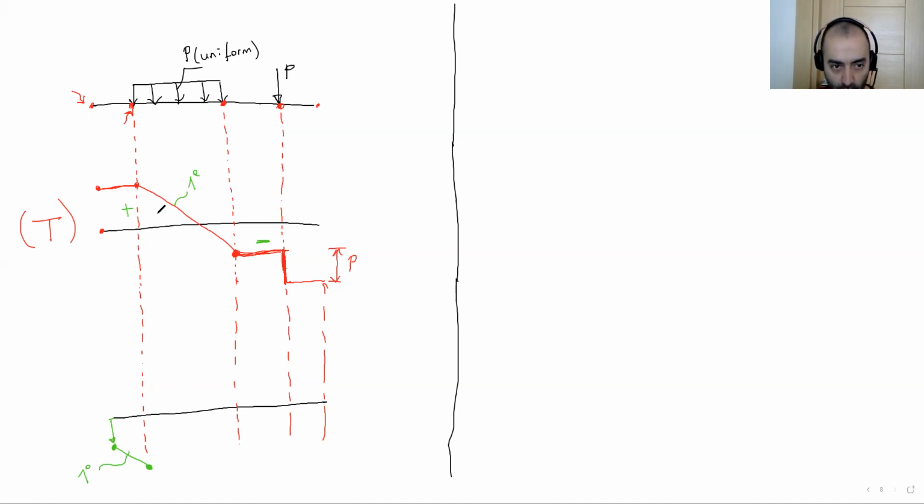So for the positive part, I'm gonna go up to here, and then this area is negative.